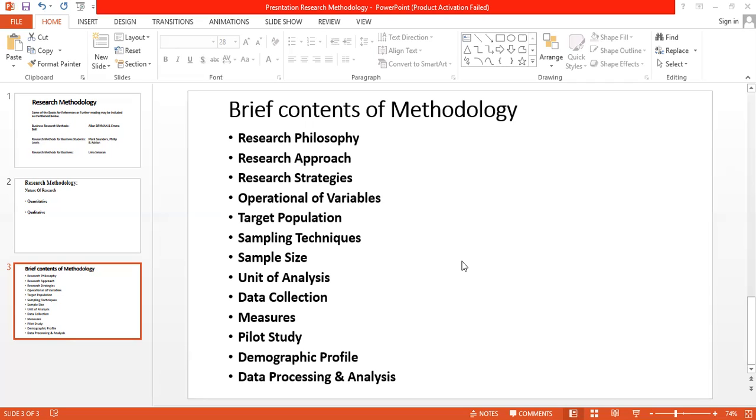This why has a key role in research, because when you are giving the defense of your thesis, mostly researchers or professors ask you why you use this philosophy, why you use this approach, why you use this strategy in your term paper. So this why has a very important role in your research.